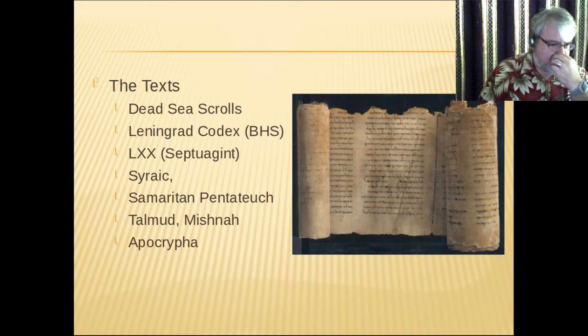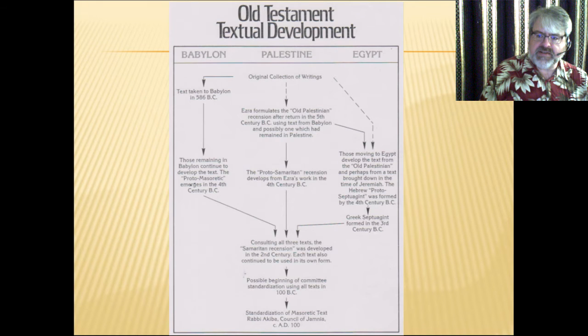This chart gives you some ideas of how some of this began to take place. In Palestine, you had this original collection of writings, the writings of Moses and Joshua and Samuel and so on. Some of those texts were taken to Babylon in 586 BC when the Israelites were taken into exile.